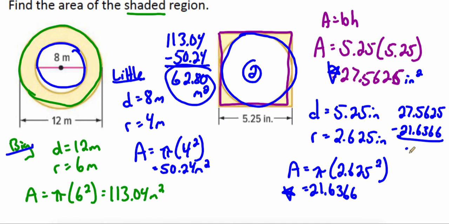And I get an answer of 5.9259. So let's round that off to 5.93 inches squared. Notice there's not a whole lot of area left. We're really just looking at those corners because we cut out that big portion in the middle. But it's the area of the big shape minus the area of the shape in the middle.